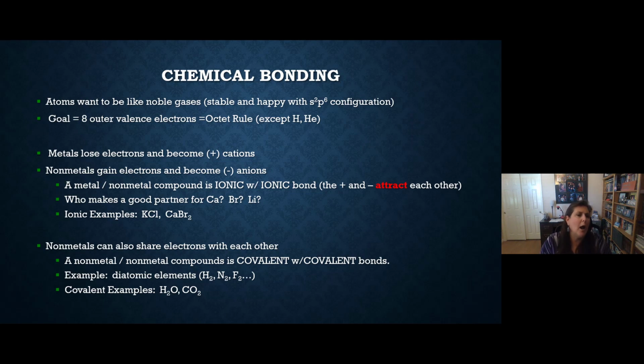Now, what if we only have nonmetals? Well, they can actually bond with each other, but they don't lose or gain electrons. Instead, they share them. So nonmetals can share electrons with each other. A nonmetal compound is called covalent. Again, the nonmetals are on the right side, not the noble gases. But the other nonmetals, including hydrogen, which is a nonmetal, can share electrons. So nonmetal compounds are called covalent.